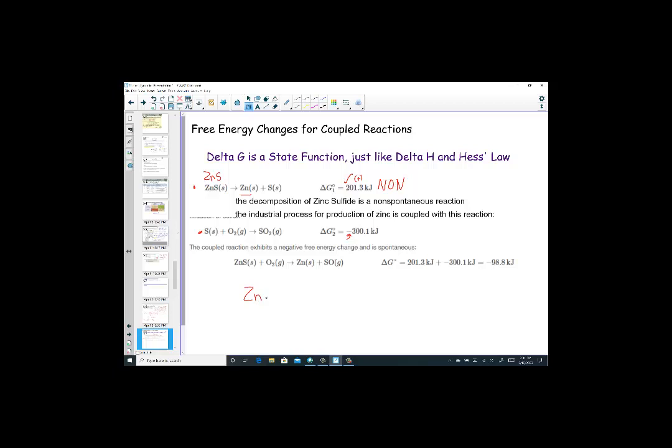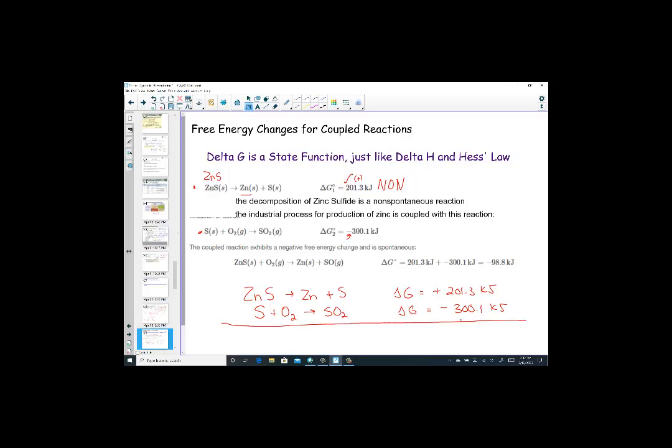If the original equation was ZnS going to Zn plus S, and it had a delta G of positive 201.3 kJ, the second equation had sulfur combining with molecular oxygen to make sulfur dioxide gas, and its delta G was given as negative 300.1 kJ.